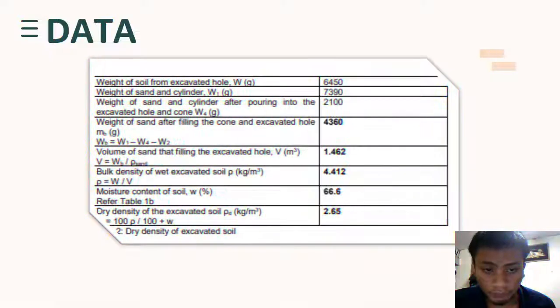The weight of sand after filling the cone and excavated hole is calculated with W1 minus W4 minus W2.